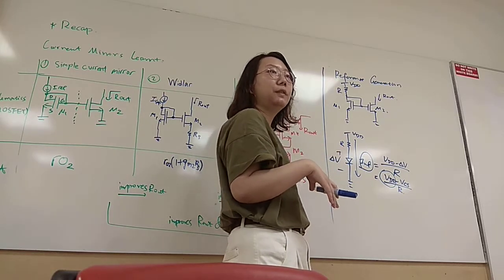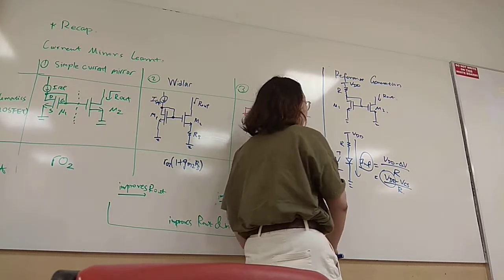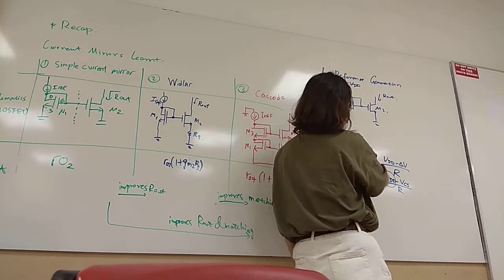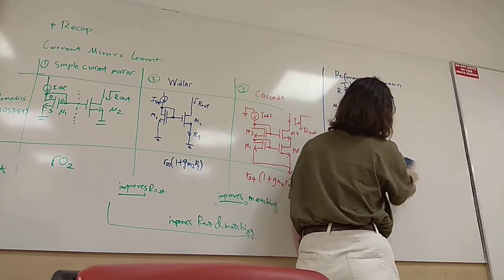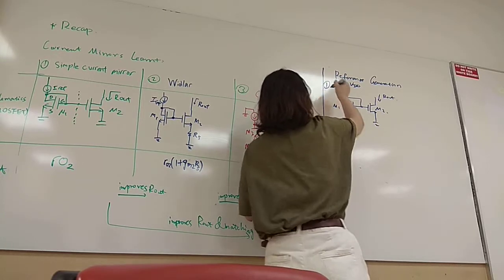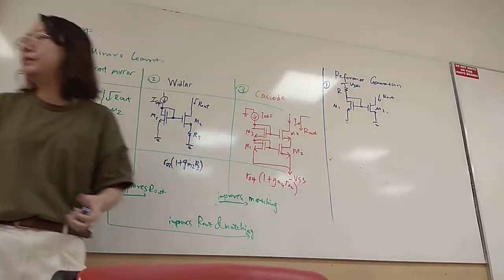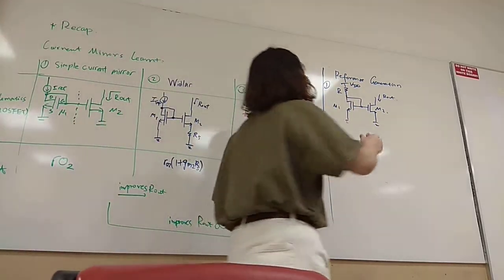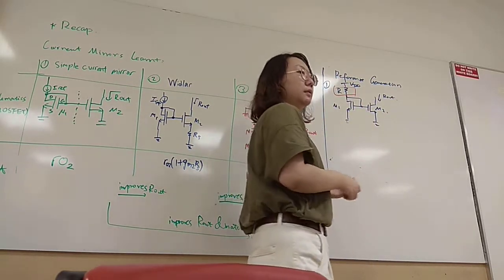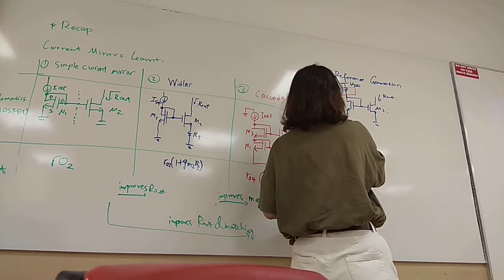So how do we improve? Any other method? So the first one is to use a resistor. Any other method to generate this IREF? MOSFET. How to use a MOSFET?